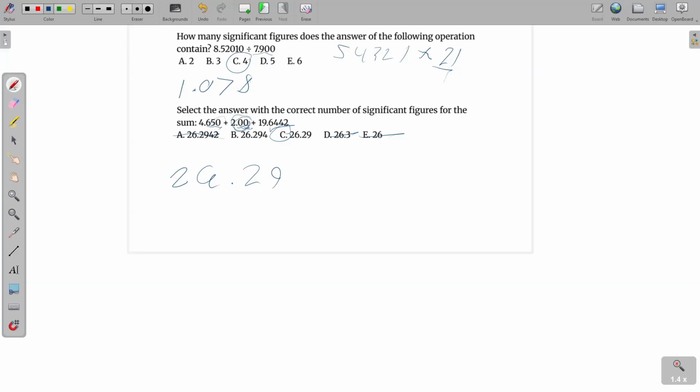Even if you don't report it, or you don't know the rule, if you know how to actually do the calculation, you're going to be close enough to the answer anyway, so it doesn't matter. But you might get a professor that puts two answers on there. One has the correct sig figs, how it's supposed to be written, and the other is the raw numbers that you would get without taking sig figs into account, just for the point of trying to trick you. So that's why it's pretty important to remember.